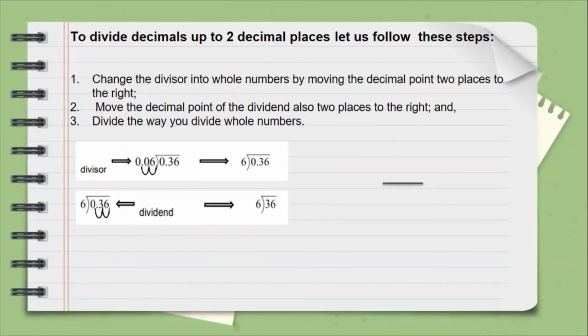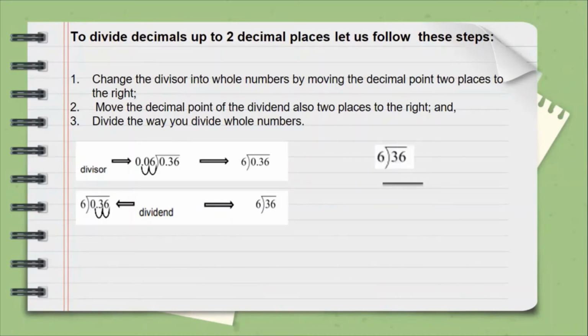Again, before we divide decimals, we need to first move the decimal point of our divisor to the right and make it a whole number. After that, we need also to move the decimal point of our dividend. And once it's done, then we could start dividing.